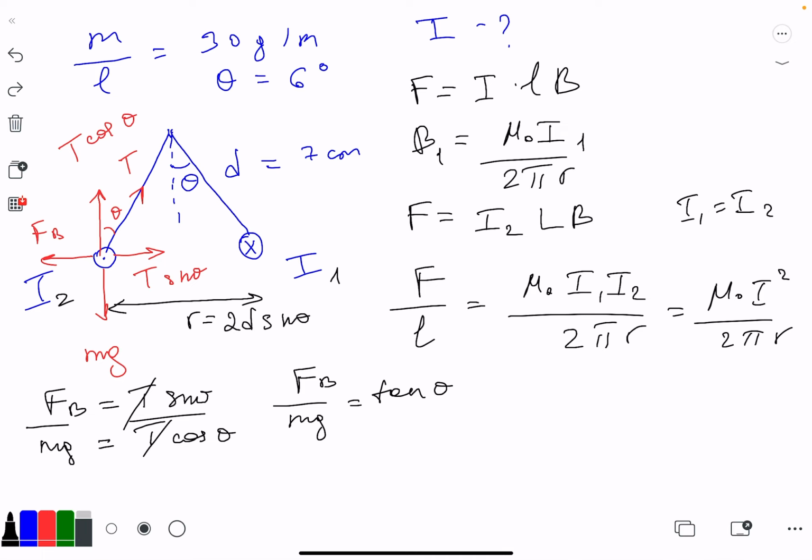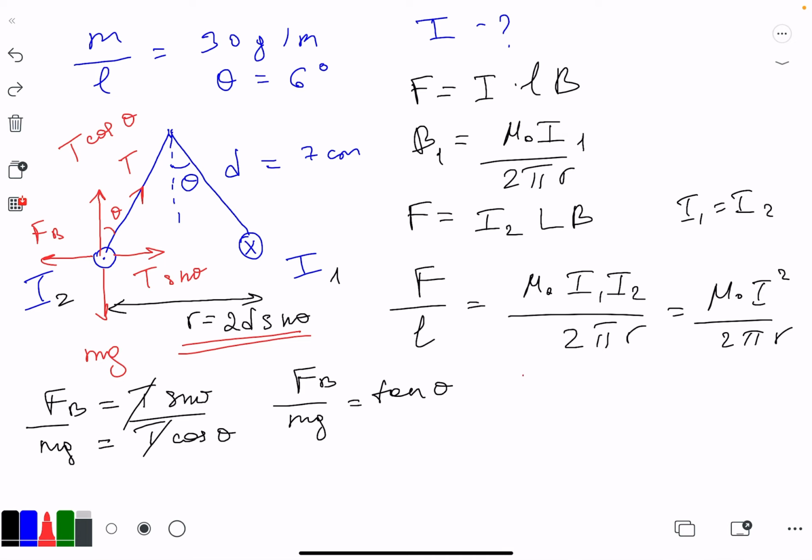If that's the case, then we also know that r was equal to this value, correct?